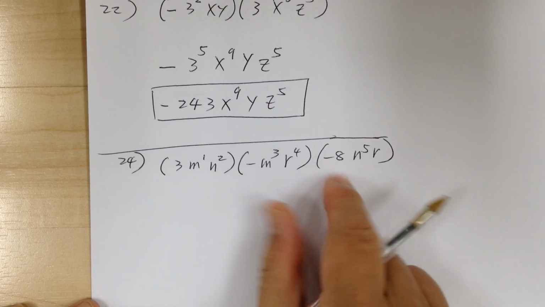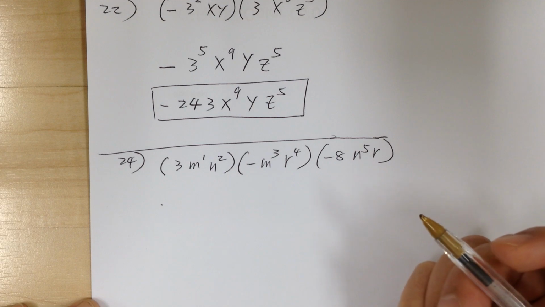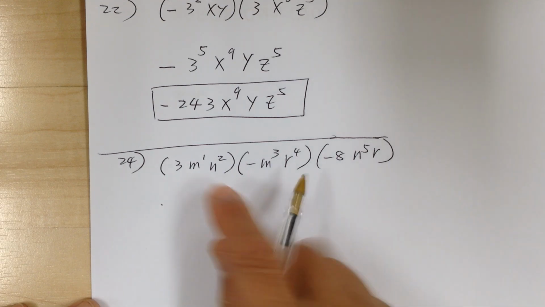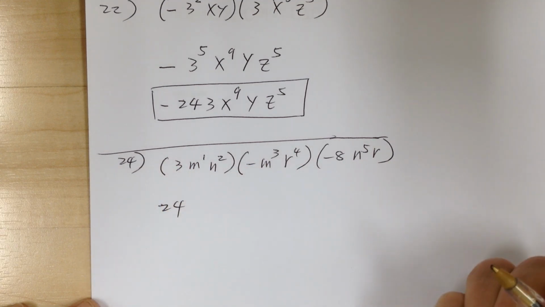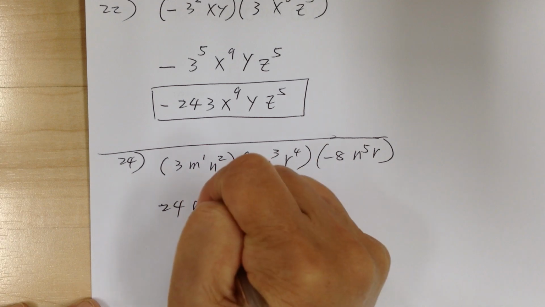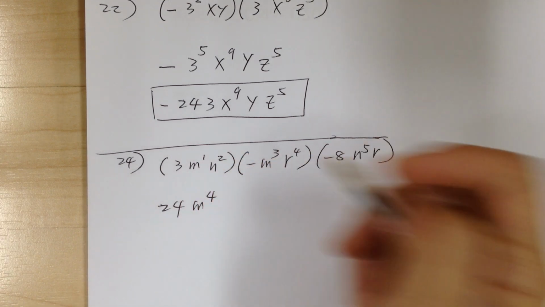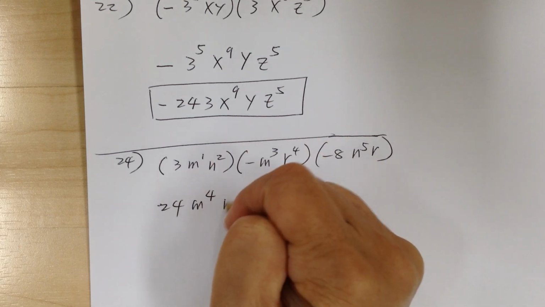Positive, negative, negative, two negatives. When you have an even number of negatives, it will give you positive, so you don't have to write anything. Then you do the number. 3 times 1 times 8 will give you 24. Then you go down the alphabet, so m. You got 1, 3, so it'd be m to the 4. Then do the n, so n squared, n to the 5. This gives you n to the 7.